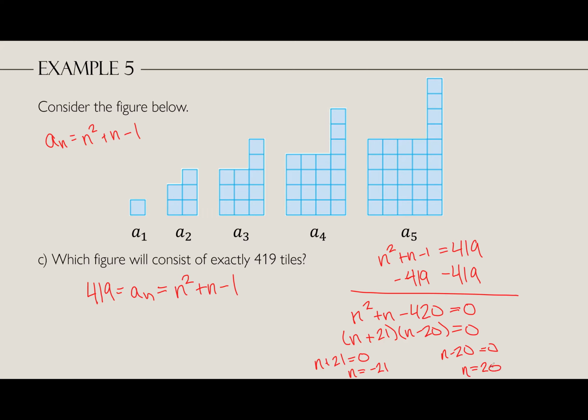So we have two values of n, but we know our n value has to be positive, meaning I should just have a final answer of n is equal to 20. In other words, after drawing this figure all the way up to A20, I should end up with exactly 419 tiles.